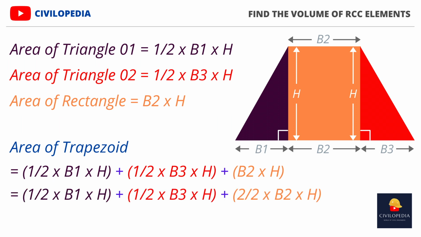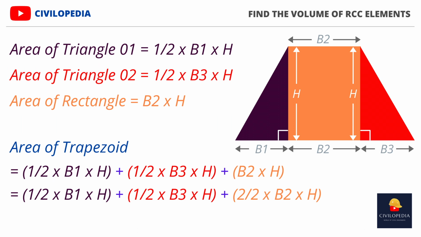You'll all be thinking why I have added the 2 by 2 in that formula. I'll explain that. As we need to take the 1 by 2 as a common factor outside, we have that 1 by 2 in the 2 triangle formulas, but we don't have it in the rectangle formula. So we need to add a 1 by 2 to the rectangle formula.